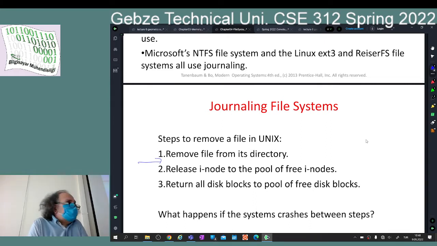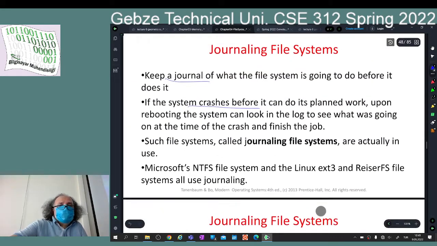So you are kind of keeping a journal, like the journals of those big ships. The captains always keep their journals. They say this is our plan, I am going to do this and this and this, and after executing each step, I did this and this. So if something happens, they go back and look at that journal book and see what happened in the past.